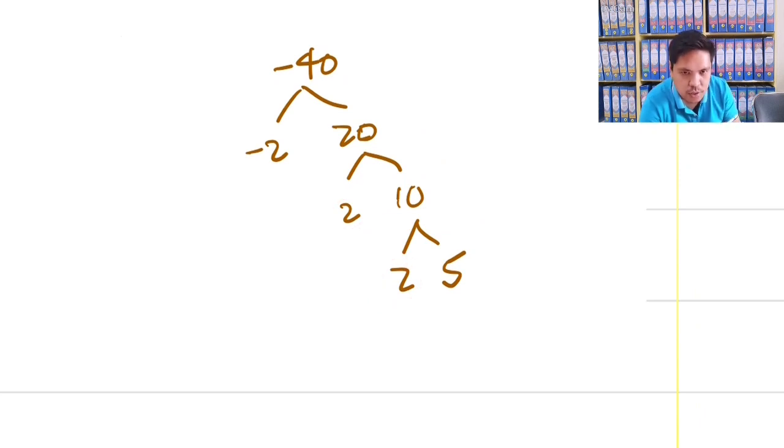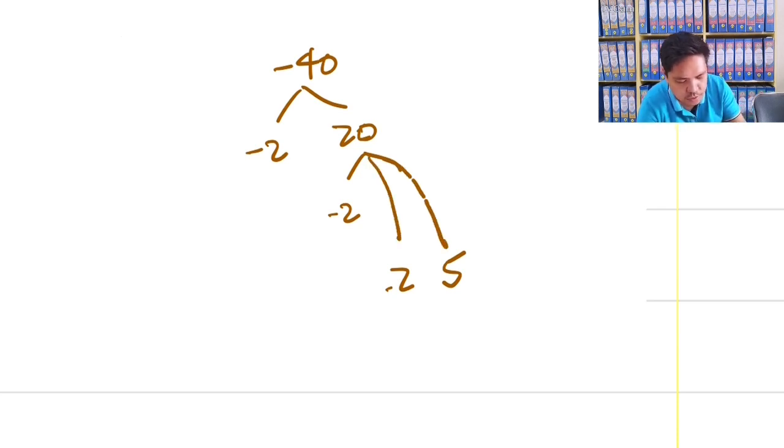Ngunit subalit tatapwat, negative 2 times negative 2 is still positive 4. So, meaning pwede kong ilagay dito na negative 2, negative 2. Di ba? So, pwedeng ganito na lang. Alisin na lang natin yung 10 dito.